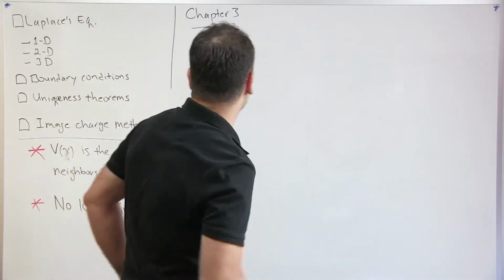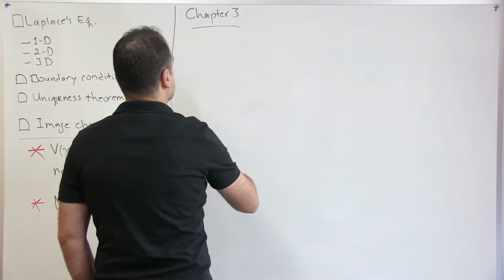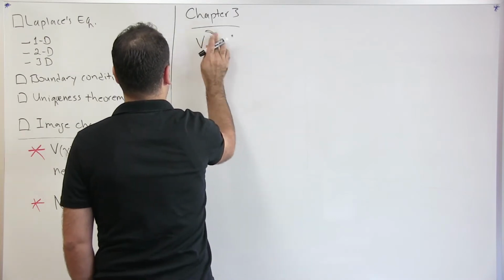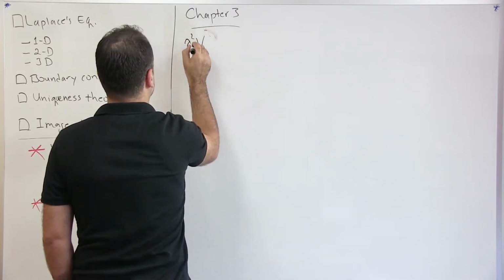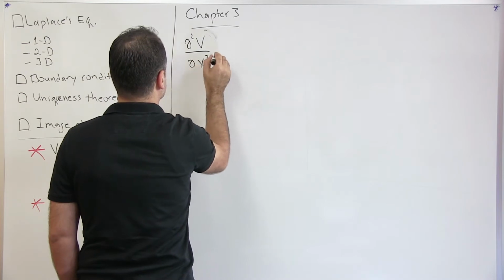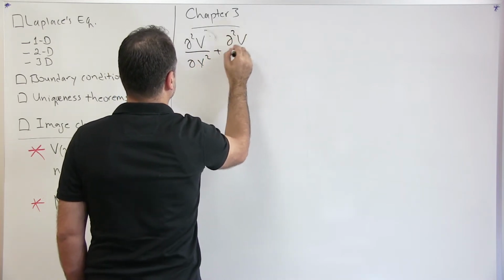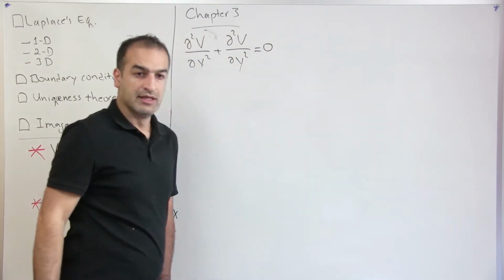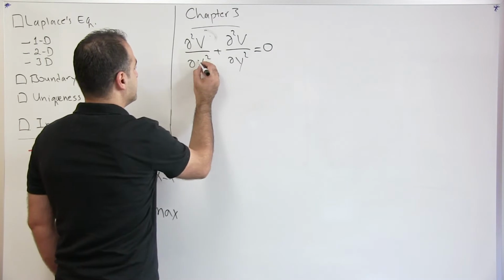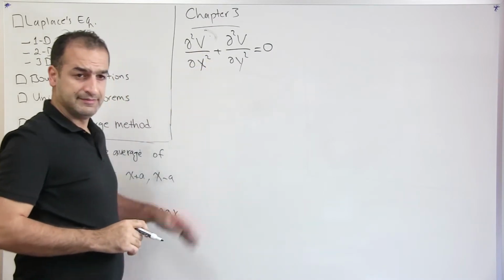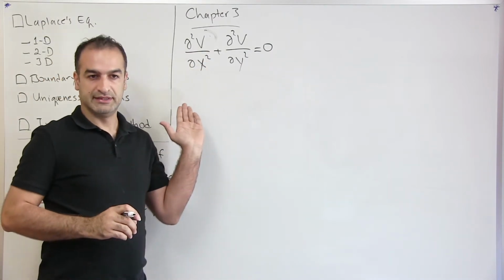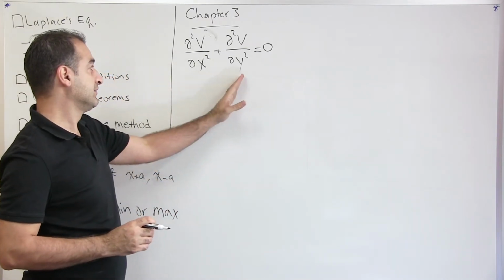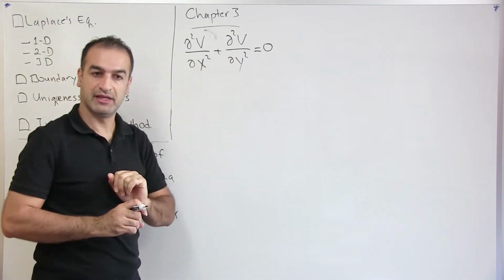So if you are in two dimensions, let's say you have x and y, the equation becomes d2v over dx2 plus d2v over partial y squared is 0. So now we have two variables, x and y, and this equation is not an ordinary second order equation anymore. This has partial derivatives with respect to x and with respect to y.